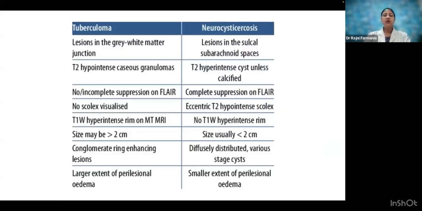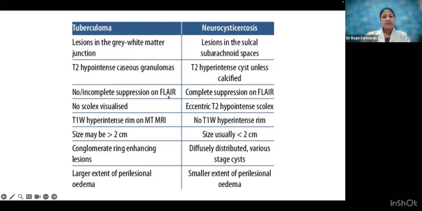So this is a whole list of TB and NCC. What we can see in TB is gray white matter differentiation. Here it is seen in the subarachnoid space. T2 caseous granuloma, hypointense. So hypointensity means caseous granulomatosis, that is necrosis. And in NCC, T2 hyperintense because unless it is calcified, it is hyperintense. So the cyst has its own fluid, it is hyperintense.